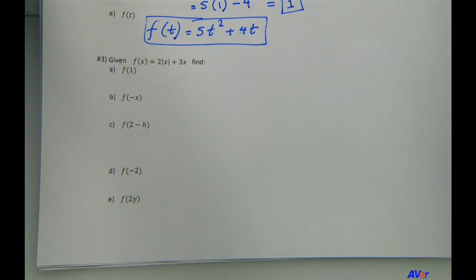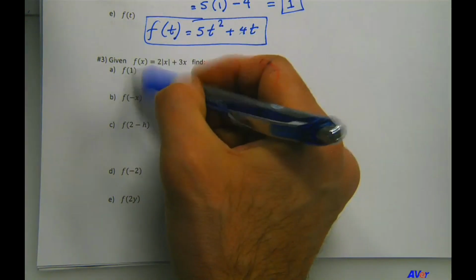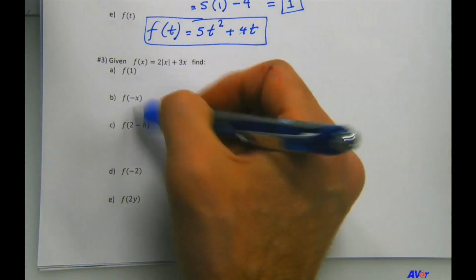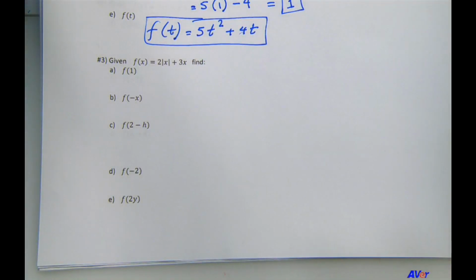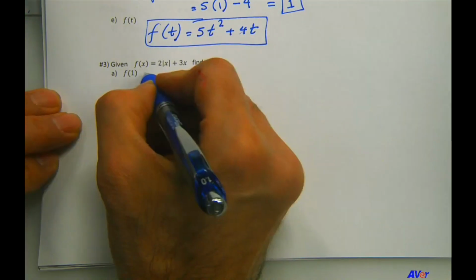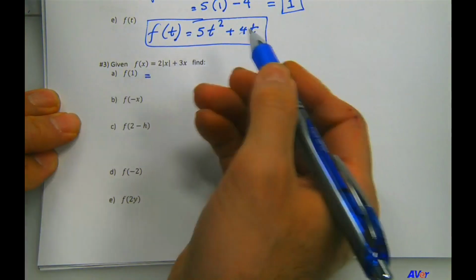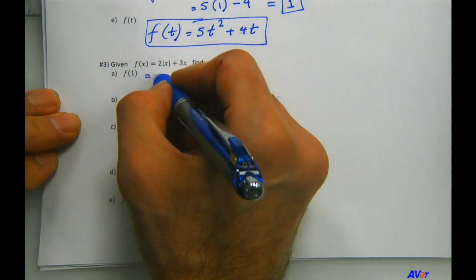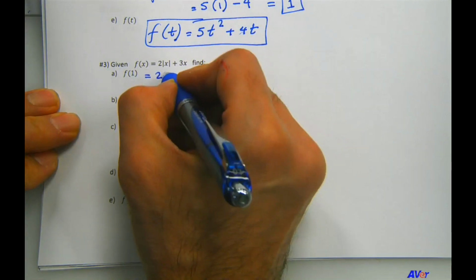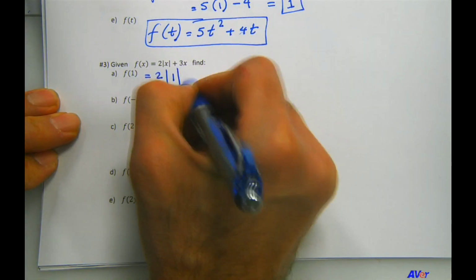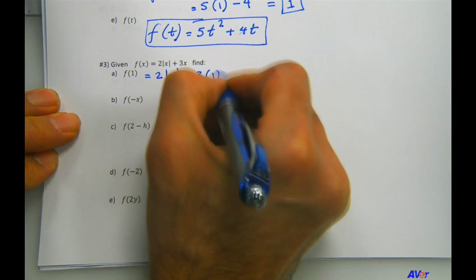It says given this function, so the function changed, right? But the procedure is the same. Evaluating a function at different values, it stays the same, right? So let's do that. So replace wherever you see x with 1. So we have 2 times absolute value of 1 plus 3 times 1.